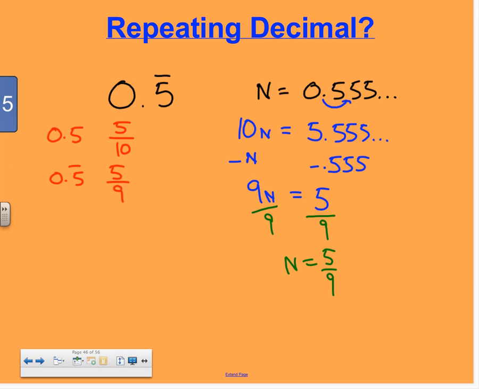Interesting. If I were to do 0.7, that would be what? 7 in the tenths place. If I were to do 0.7 repeating, guess what I would end up with? 7/9. Interesting. So anytime you have something repeating, the denominator, instead of becoming that 10, becomes a 9.